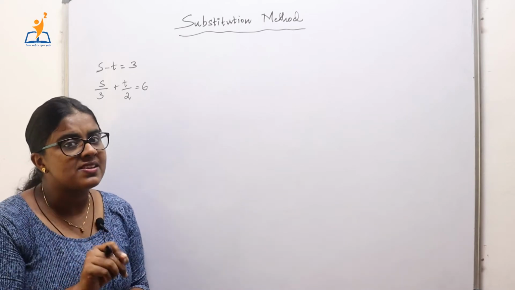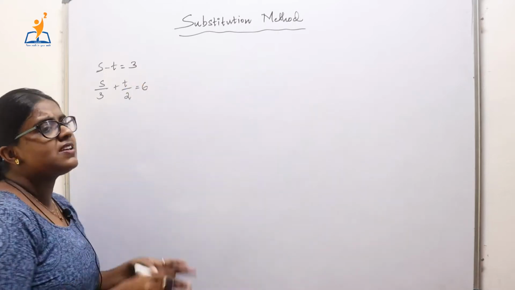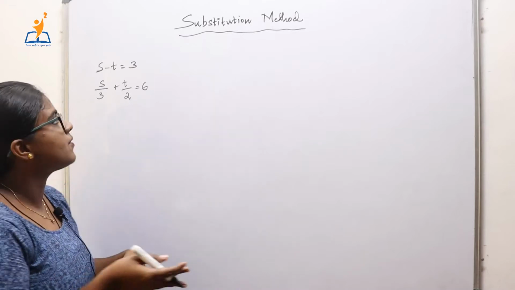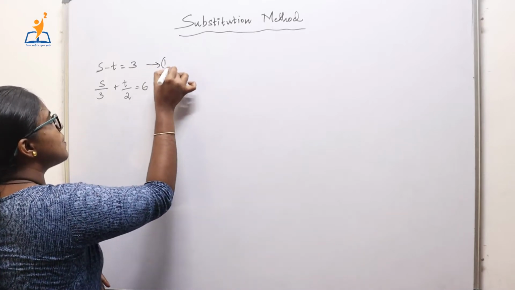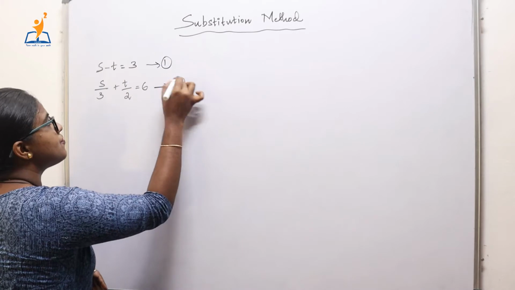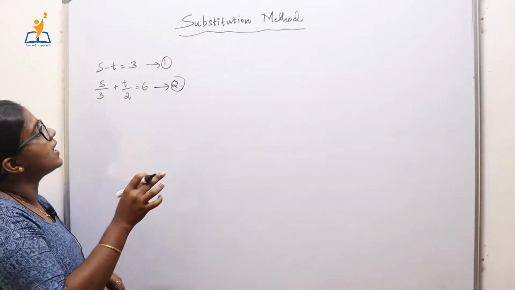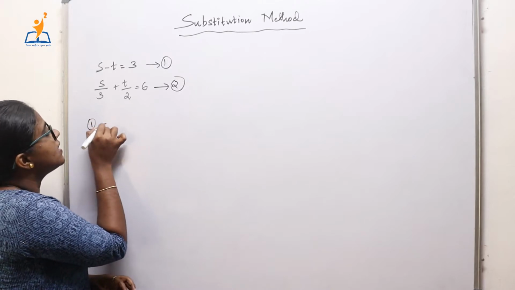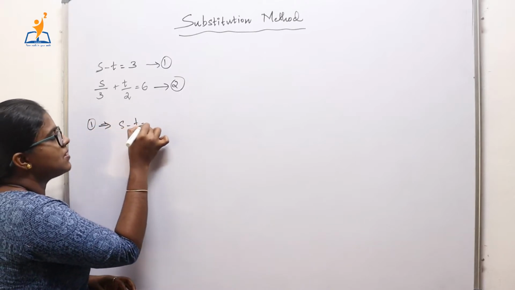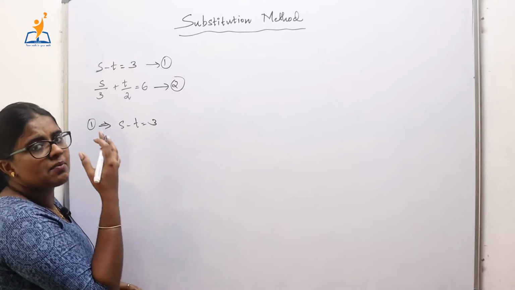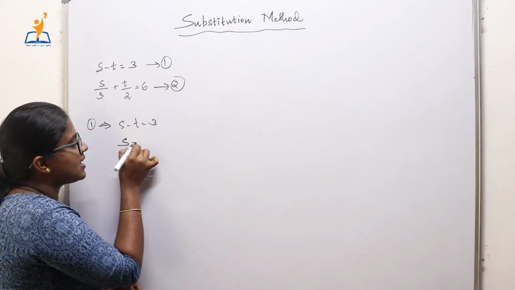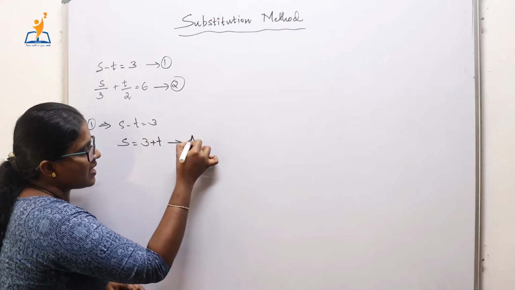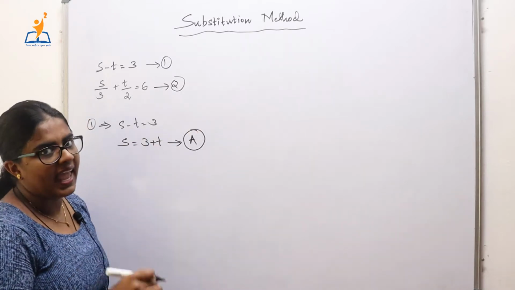For that, the first step is, from any of these equations, find one variable in terms of the other variable. Let me consider the first equation, and from it I am going to find the value of s. The first equation is s minus t equals 3, and from that the value of s is 3 plus t, and I am going to name this as equation number A.